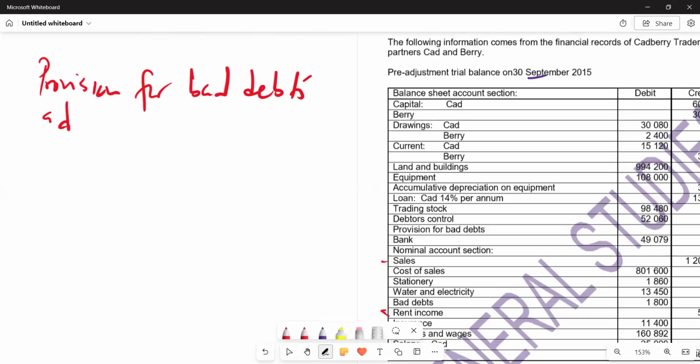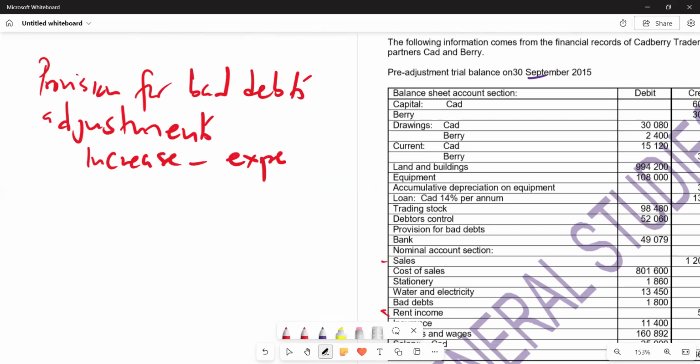Provision for bad debt adjustment is something that we have to check again before you leave the other income section, because it can fall under income, or it can fall under expenses. Remember, when it's an increase, it's an expense. You put it under expenses. But when it's a decrease, it's an income. So you have to check if it's an increase or a decrease before you leave the other income section.